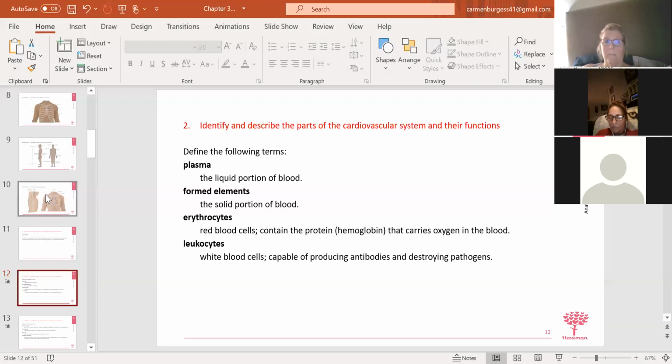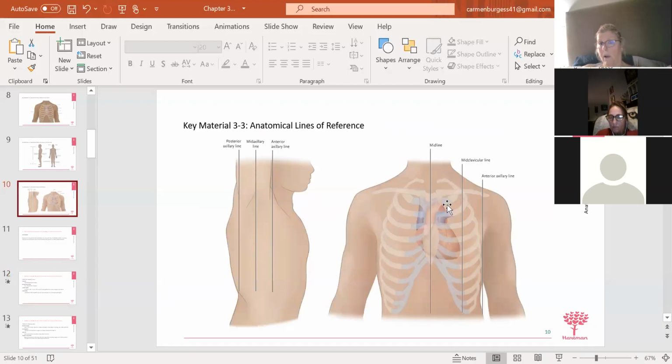That's kind of, if you're looking at the front of someone, that's where it sits. If we go back up here to this, you see this is your midline, so it's slightly left of the midline. There's your second rib to your 5th intercostal space. It's an average person. Babies are going to be different, but if you're asked to know where it is, you will know that it sits in the thoracic cavity, in the mediastinum, between the lungs. And we call this the base, even though it seems opposite. This is the base at the top.